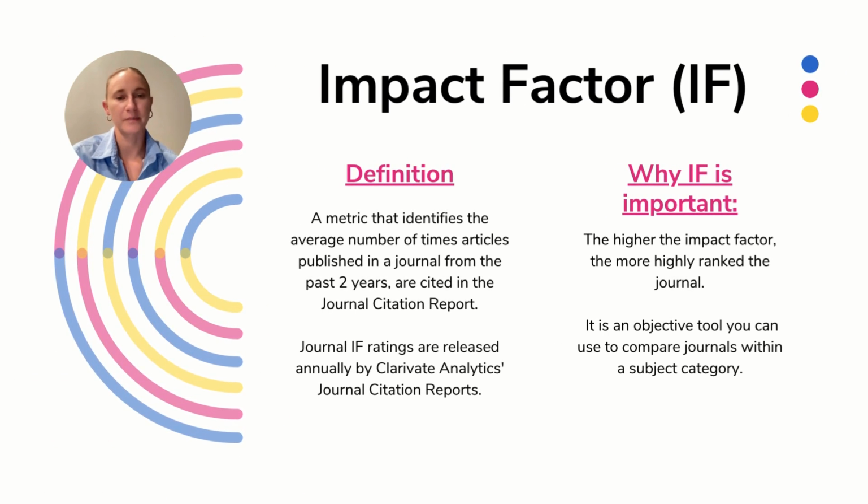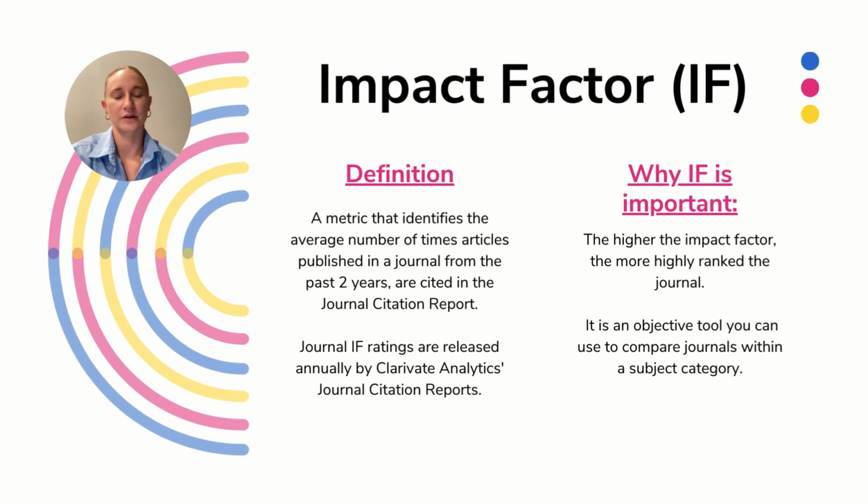One of the objective metrics that we have to determine a journal's level of credibility is called impact factor. Impact factor is the average number of times articles from the journal published in the past 2 years have been cited in the Journal Citation Report. These reports are published annually, and they're used to compare journals within the same category.